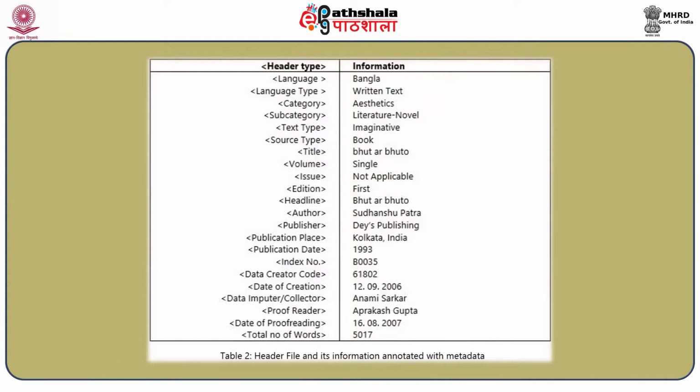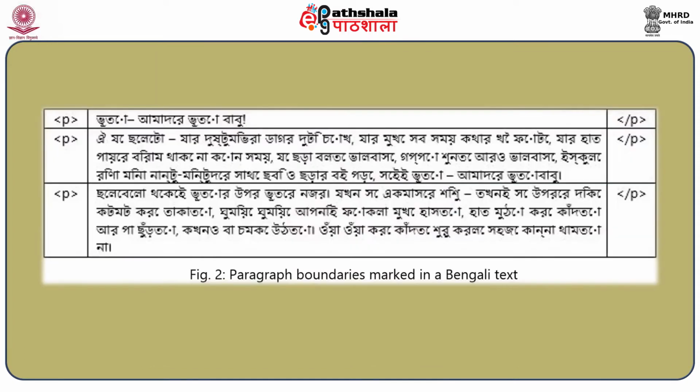Once the process of tagging starts, the first stage is marking the metadata in a text, as I have already discussed in detail in extratextual and intratextual annotation of text. I am not going to give the full form here, but you can refer to table number 2 in the header file to see what kind of things are assigned in the metadata part. Next comes marking paragraph and sentence boundaries in a text.